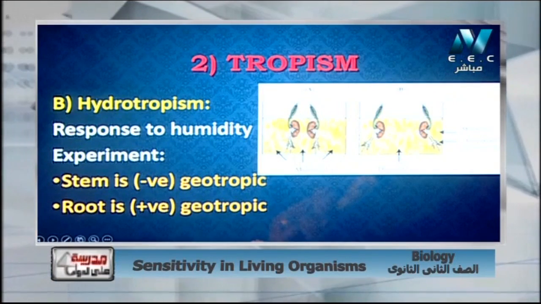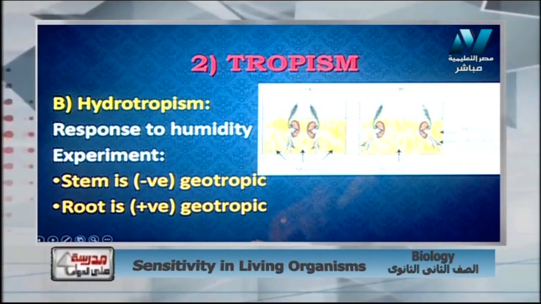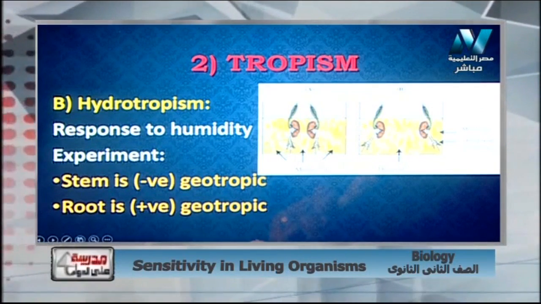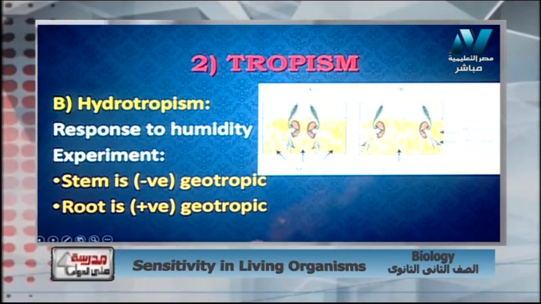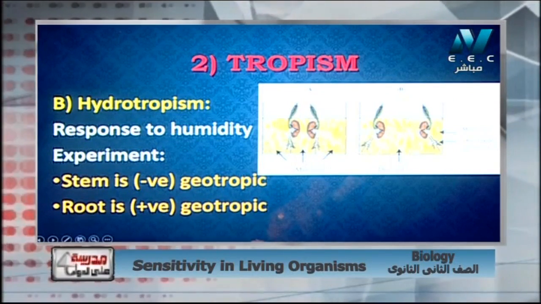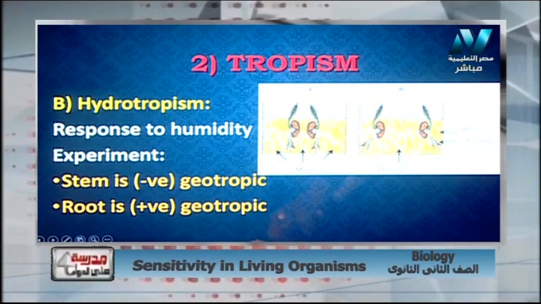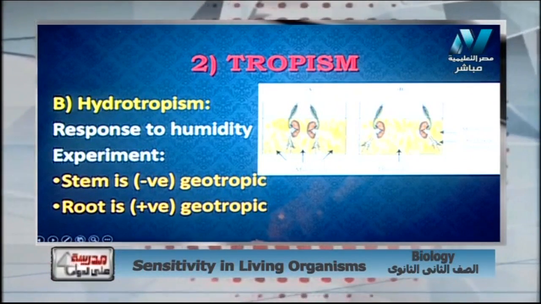But if we place these seeds in another trough, trough B, we put them into dry soil, but the moisture is at the two sides of the trough.